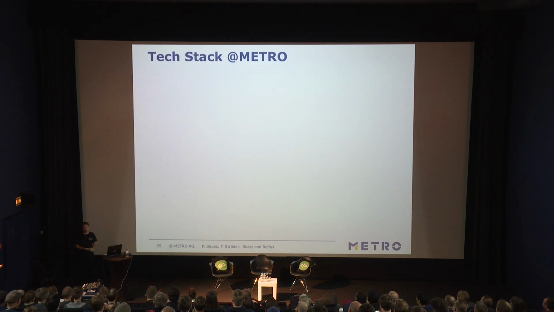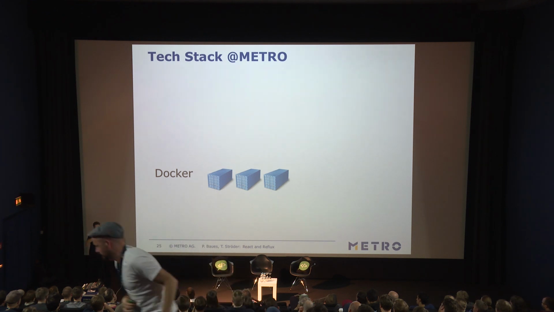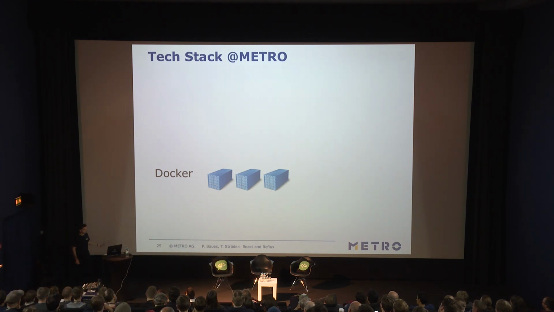The tech stack at Metro is that we have Docker containers as a base level of abstraction on the bottom. This helps us scale things up and down really easily and quickly, and also makes the containers independent of each other. That is a really nice way. Up above that, we just have REST APIs.